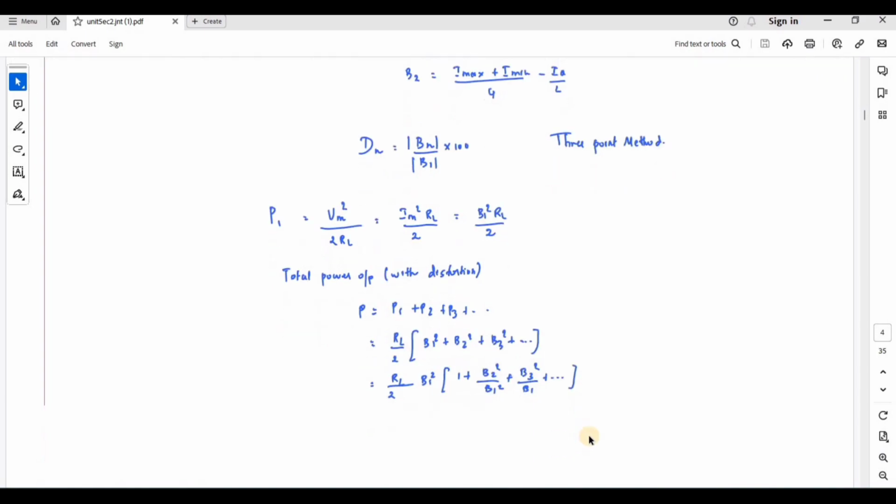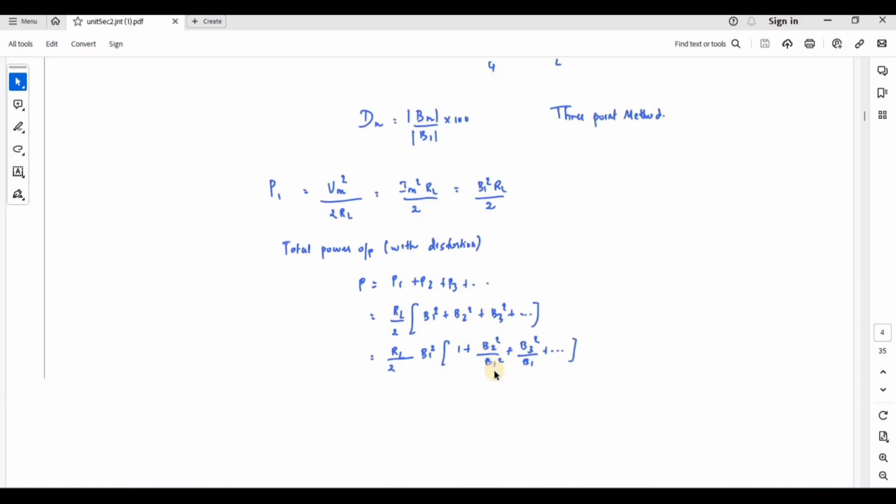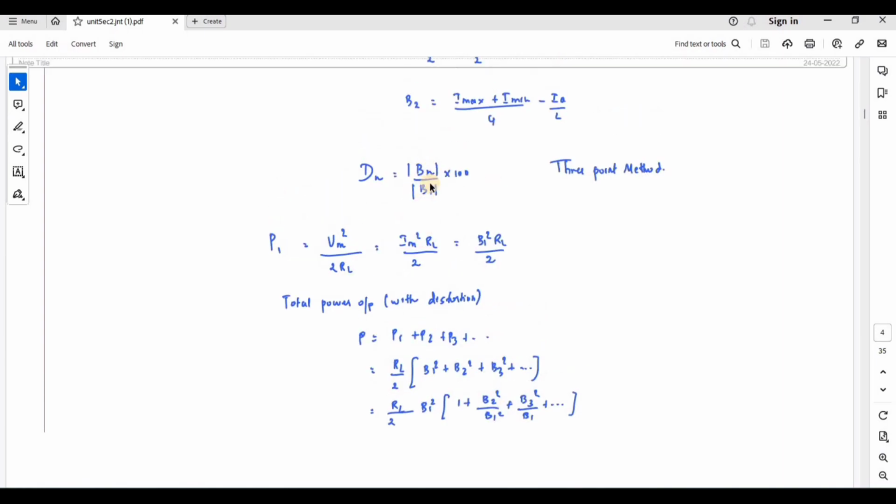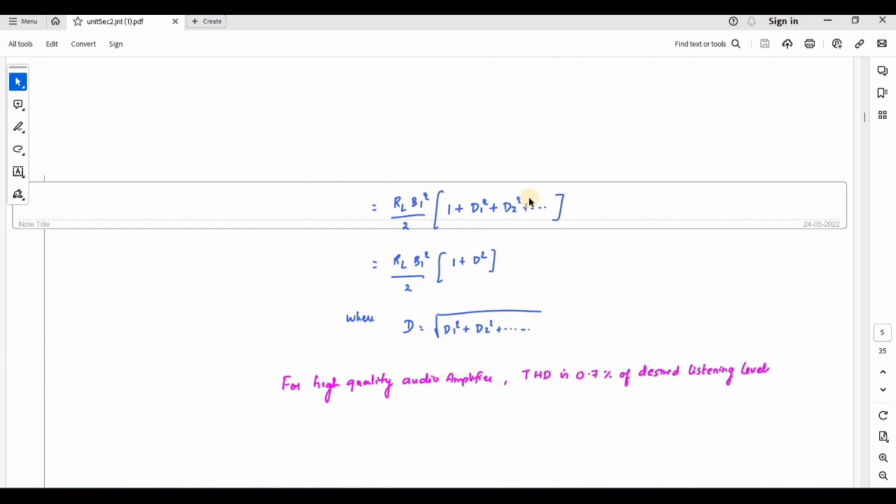So what is B2 square divided by B1 square? From this I can write B2 by B1 is equal to D2. So you substitute this one.